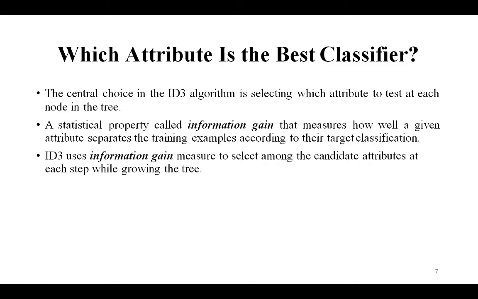We'll define a statistical property known as information gain. It measures how well a given attribute separates the training examples according to their target classification. ID3 uses this information gain measure to select among the candidate attributes at each step while growing the tree. So this is how you can choose the best attribute, the attribute as a best classifier.